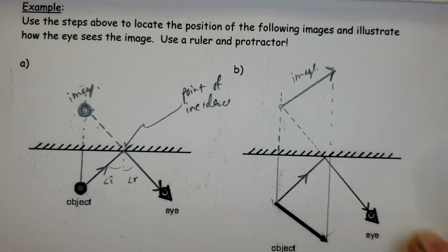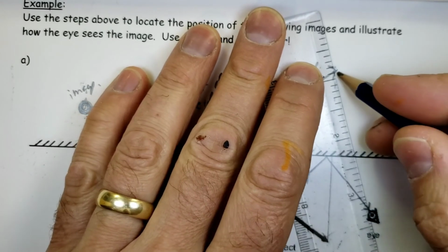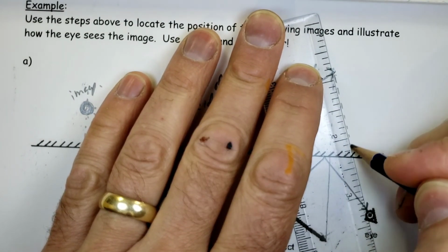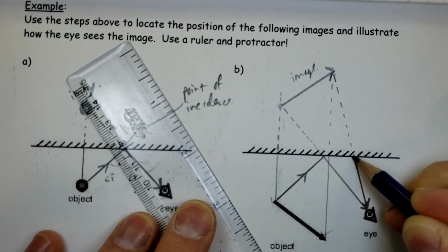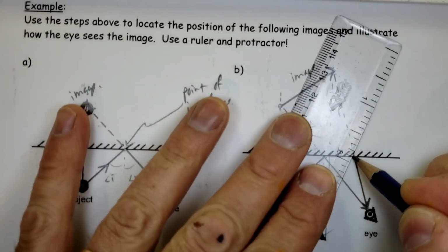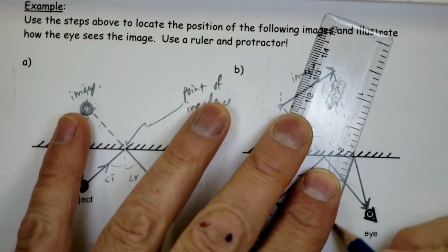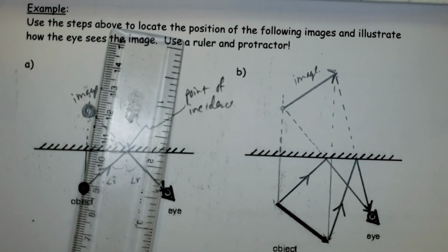Do the same thing with the tip of the arrow too. Dotted, dotted, dotted, solid to my eyeball. So here's the point of incidence of that part. So I just extend that back to where it actually came from. And it looks like that.